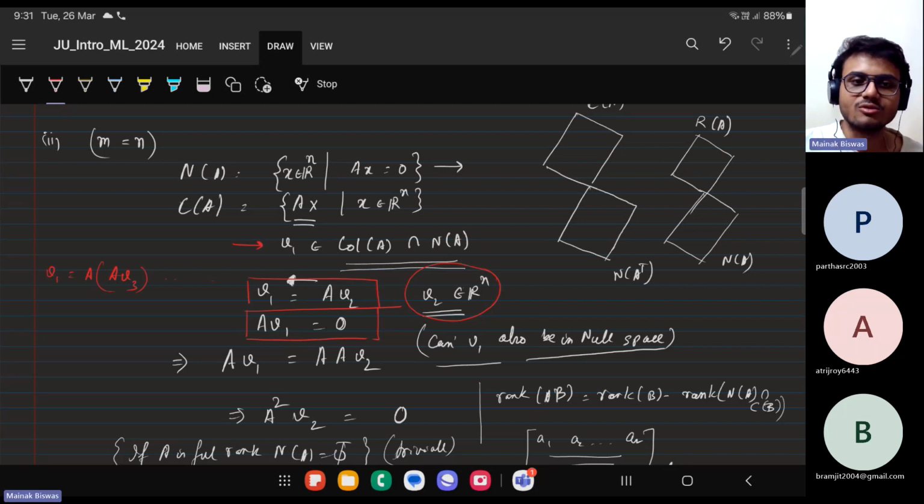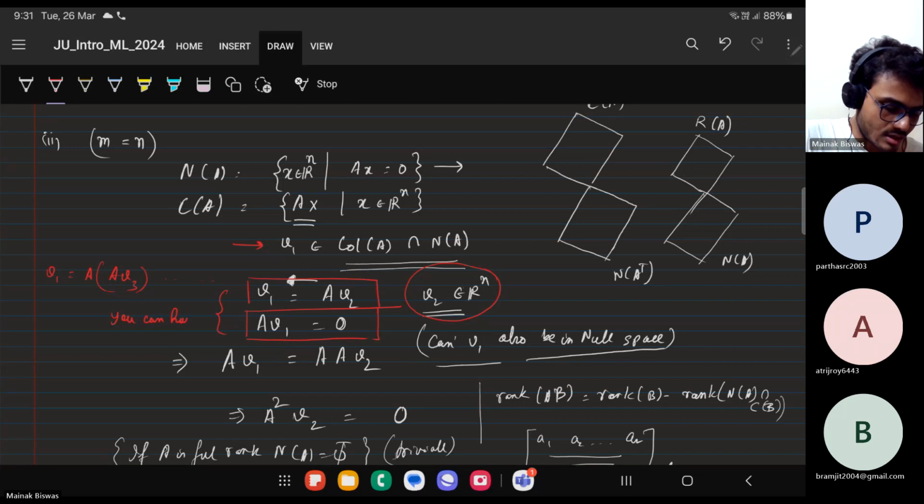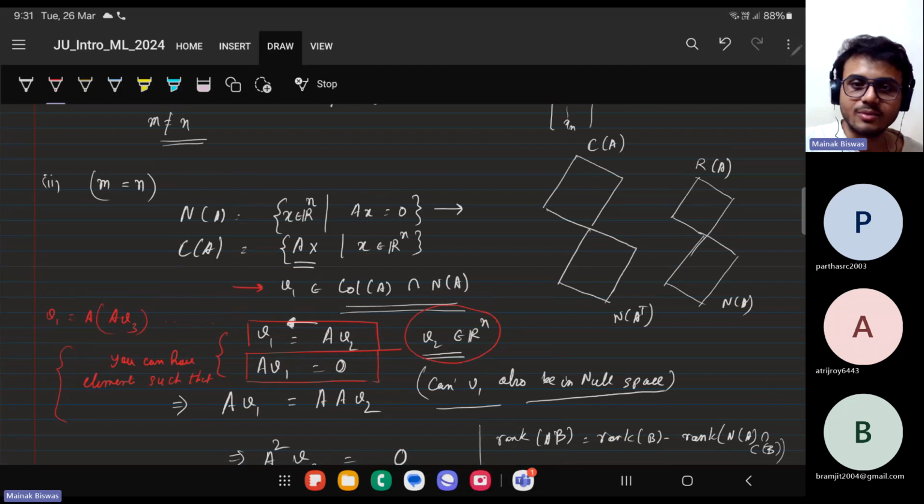And V3, is it in the column space or not? If it is in the column space, this is possible. You can have elements such that, because these two are not perpendicular to one another, they can have common elements here.